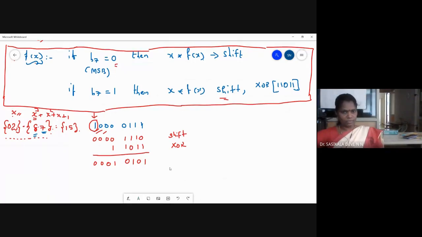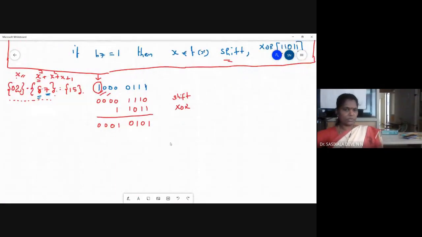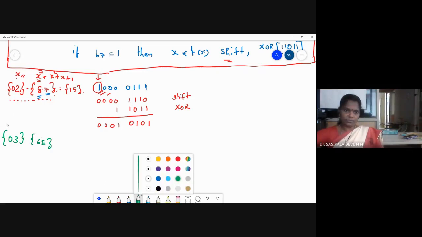Okay, so we move on to the subsequent shortcut. I need to do another operation, 0, 3 into 6E. Both are polynomials over GF of 2 power 8. Let us represent 0, 3 as 0, 0, 0, 0, 0, 0, 1, 1, so this polynomial is x plus 1.